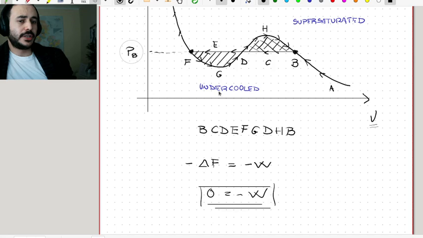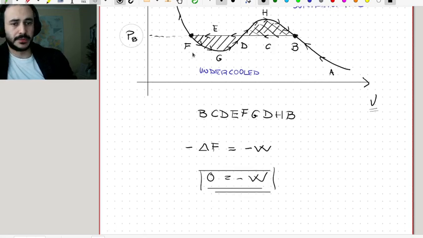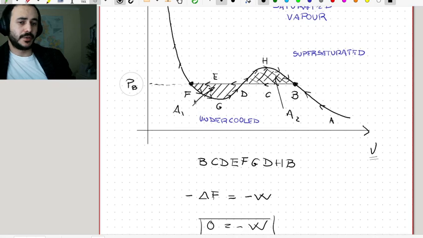And I know that they have to cancel exactly. So I arrive to the conclusion that the area down here, let's call it, I don't know, A1, has to be equal in magnitude to A2. And this is the same thing I said before. The line that defines the saturation pressure is such that it cuts the isotherm in 2 areas which are equal.